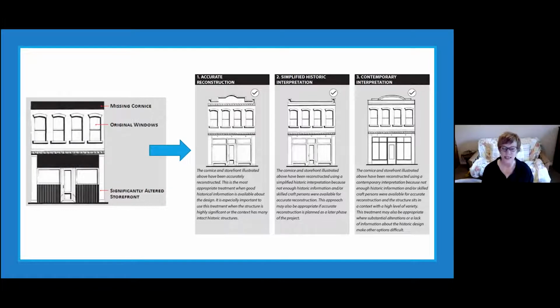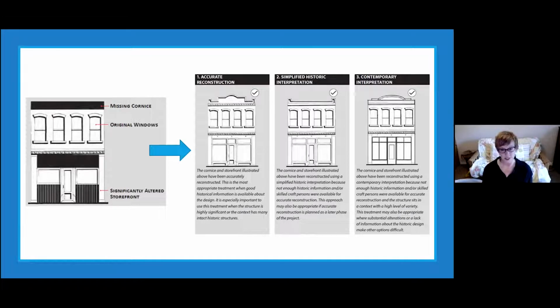Here's a commercial building. It still has its original windows, but the cornice has been removed and the storefront has really been significantly altered. So somebody wants to fix up, rehab that building. Well, what's appropriate? What should they do? We outline that there are 3 choices moving forward.